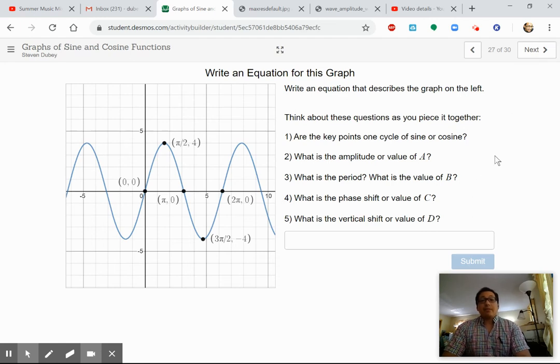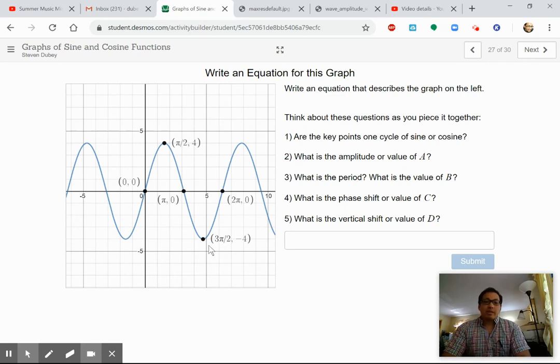And finally, I've got a few challenge problems for you here. Write the equation for this graph. This is going to take practice, we're going to practice more next week, and I'm sure you'll do that more in pre-calc next year. But here's a graph. Think about these questions as you try to figure out the equation.